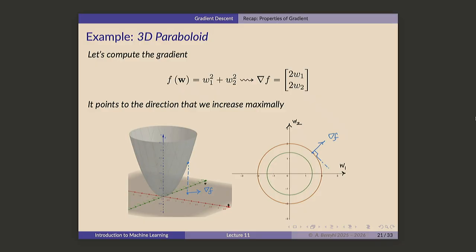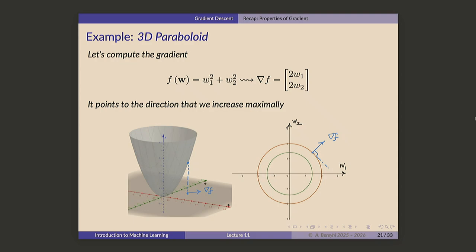If I walk exactly tangent to this contour, I'm going to stay at one altitude forever. If I just give it a tiny bit of orthogonal component, it's going to get out of the bowl. But if I want to get out of the bowl fastest, I should really walk orthogonal to that. This is the direction of the gradient.